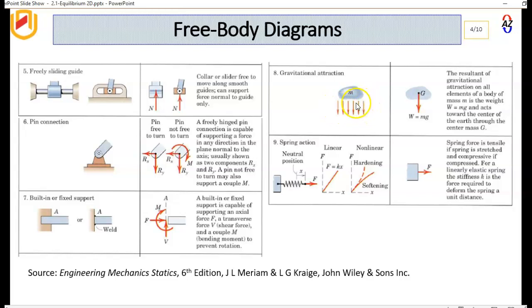What we do is we draw the concentrated load, which is acting at the center of mass, as shown here. If it is a spring, whether it's a Hooke's law spring, F equals kx, or a hard spring or a soft spring, we just draw the force F acting on the object.